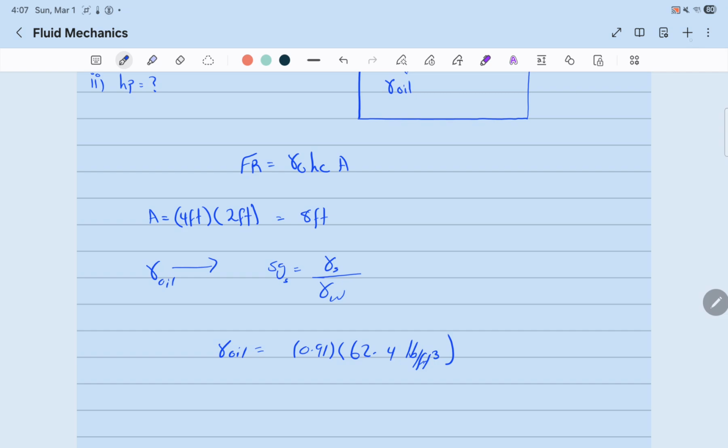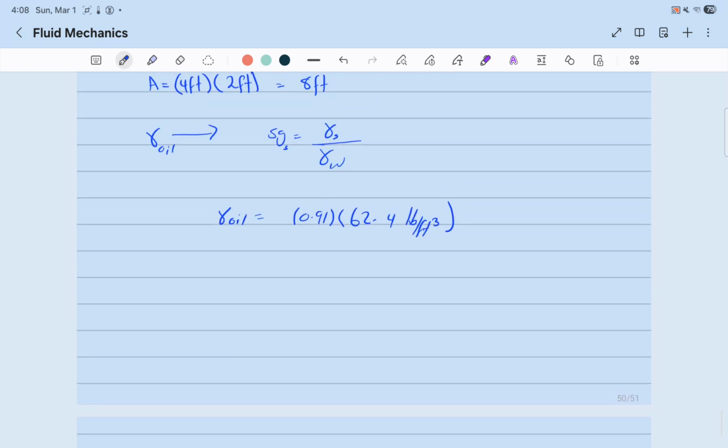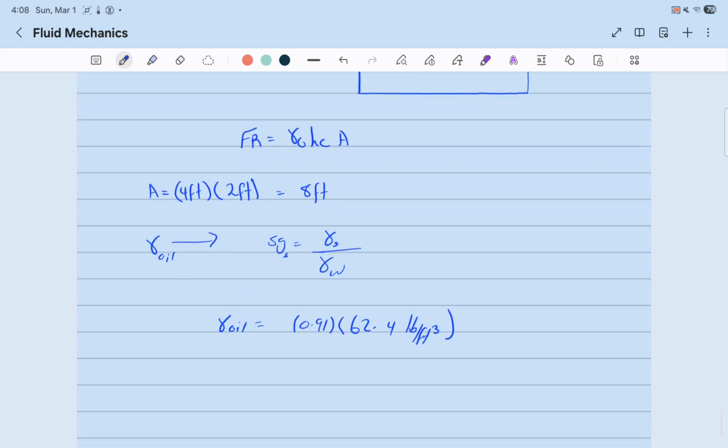If it's SI units, it is 9.81 kilonewtons per meter cube. That's if it's SI. But since we're not working with SI, we'll use the 62.4 pounds per feet cube. Okay, so now we have all the givens needed for the resultant force. Therefore, FR equals 2,071 pounds.